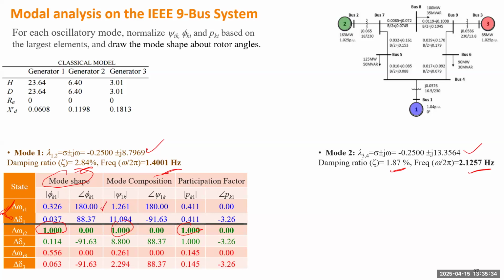Based on frequency, this angle is 180 degrees. And the angle of generator 2 is 0 degrees, and the mode shape angle of generator 3 is 0 degrees. So generators 2 and 3 stay together, oscillating against the first generator.